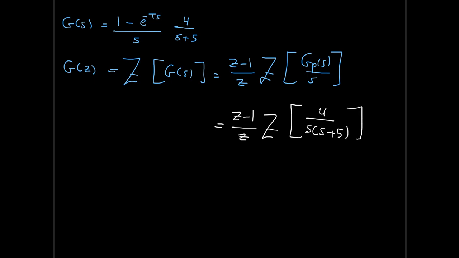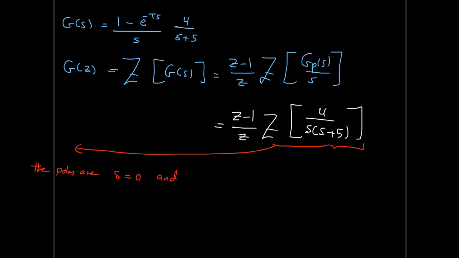So now let's find the z transform of 4 over s multiplied by s plus 5 using the residue method. So here the poles are s equal to 0 and s equal to minus 5, so we have simple poles.